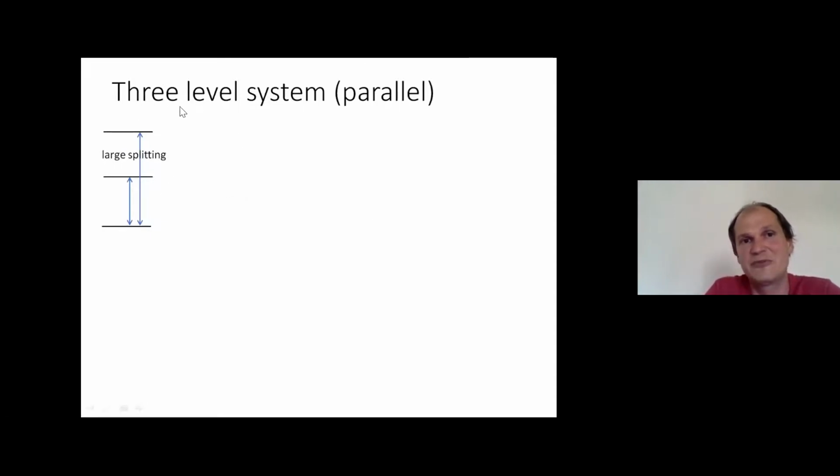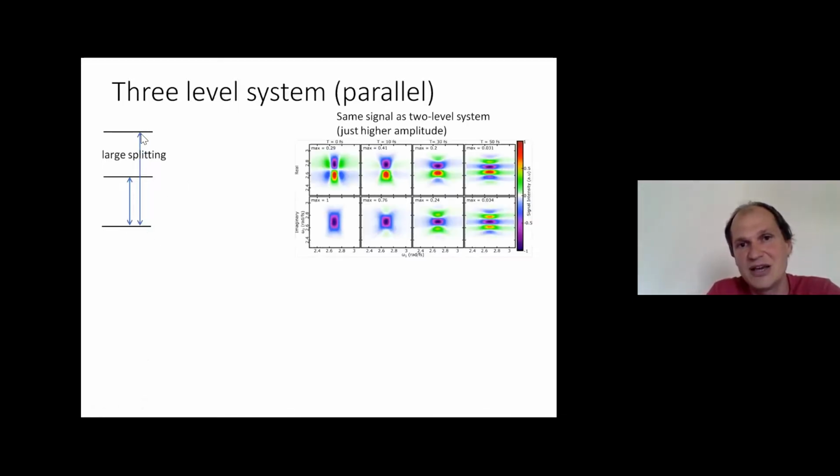So for example, for a 3-level system with this parallel transition, so you have 2 excited states, both accessible from a ground state. You can calculate that if this splitting is large, you get the very same result as for a 2-level system. Just the prefactor, the signal strength, is bigger, because you accumulate more and more terms into the hyperpolarizability. If it is the degenerate case, there is 0 splitting, the story is the same.